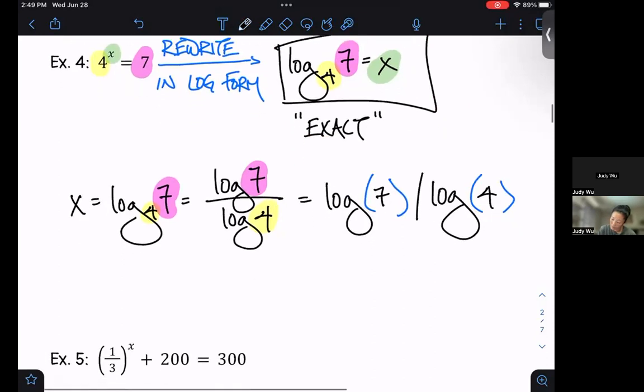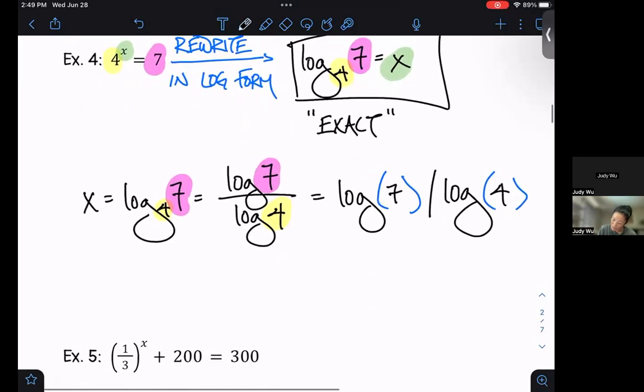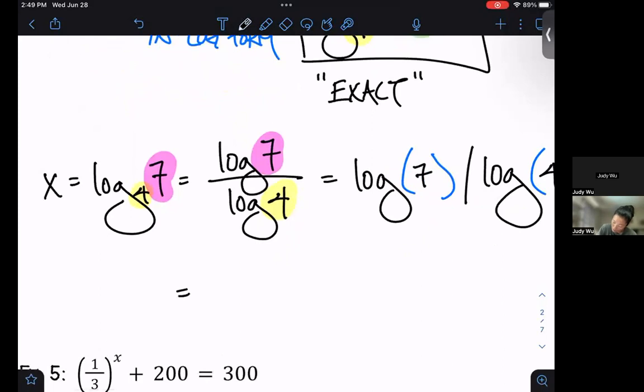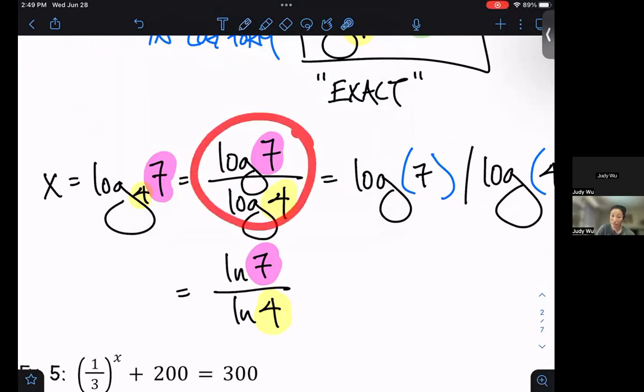Now, it turns out that you can also type this in like this: ln 7 over ln 4. The 7 is still on the top, 4 is still on the bottom. But what we're doing here is using log with base e instead of base 10. In this one, we're using the common log, but in this one, we're using our natural log.